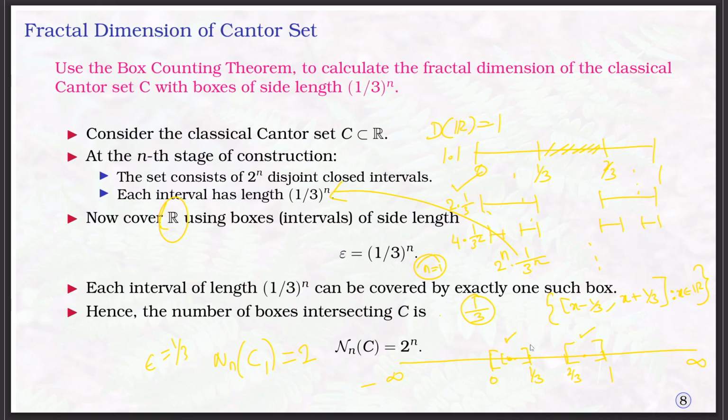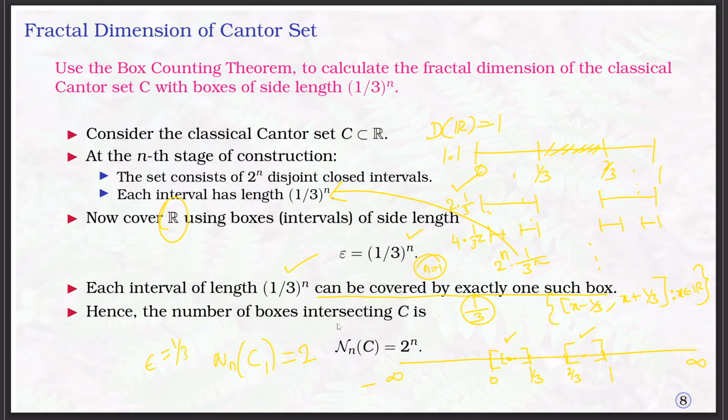If we go to infinite iterations, at the nth iteration we need box sizes of length 1 by 3 power n, that means a box of side length 1 by 3 power n. Each interval of length 1 by 3 power n can be covered by exactly one such box after the nth iteration.